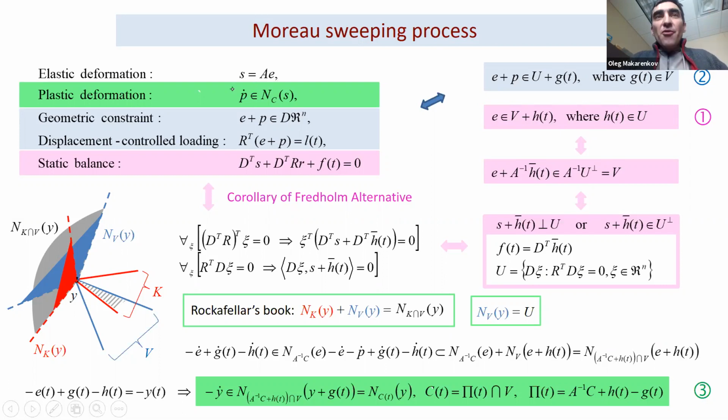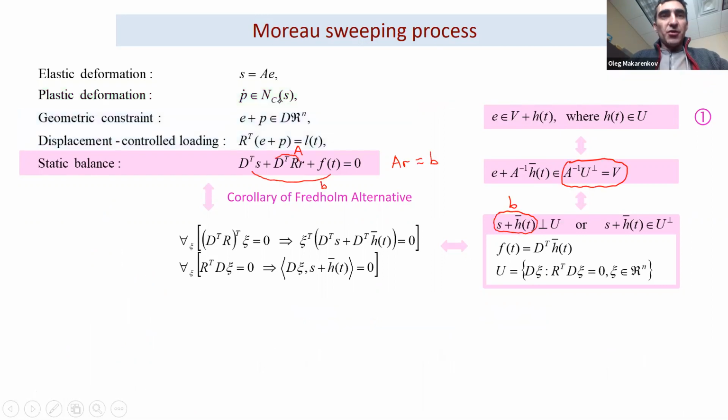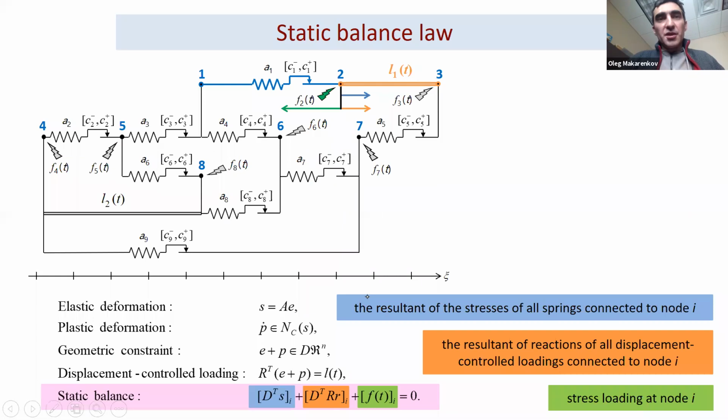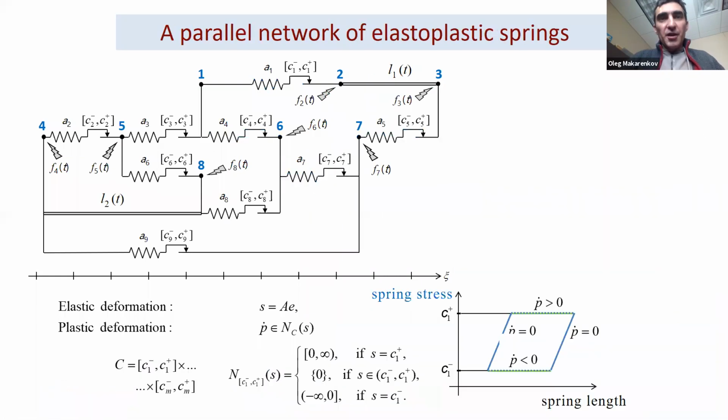Sweeping process will not be in the entire space because of this C, which is left in the previous slide. This capital C is a parallelepiped which comes from a product of intervals of elasticity of the springs. So capital C is a parallelepiped of dimension M.